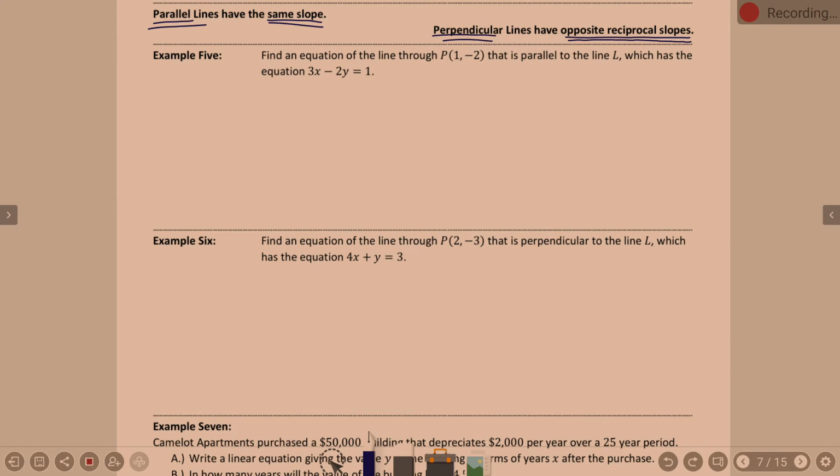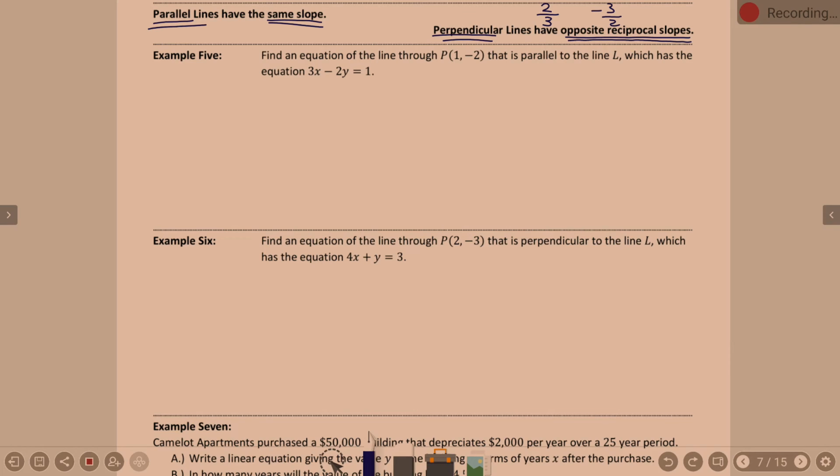What do I mean by opposite reciprocals? Opposite is positive versus negative. Would it be like 3 over 2, then the reciprocal would be 2 over 3? Yeah. So if I say what's the opposite reciprocal of 2/3, the opposite of positive is negative. The reciprocal of 2 over 3 is 3 over 2. Yes?